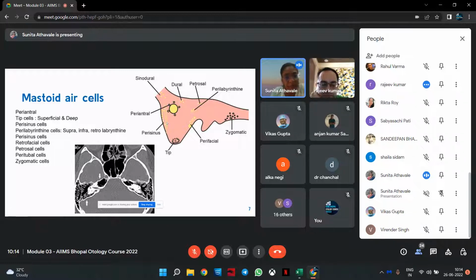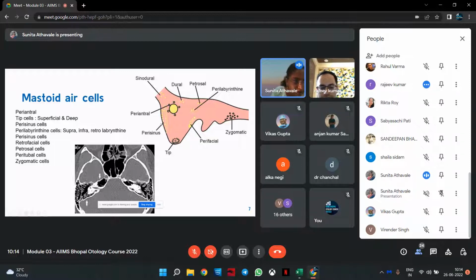Then there are perilabyrinthine cells, that means along the medial part of the antrum, or in the petrous temporal around the labyrinth: superior to it, inferior to it, and posterior to the labyrinth. Then we have retrofacial cells, because the vertical portion of the facial canal descends along the posterior wall of the middle ear cavity, and posterior to that we have air cells.